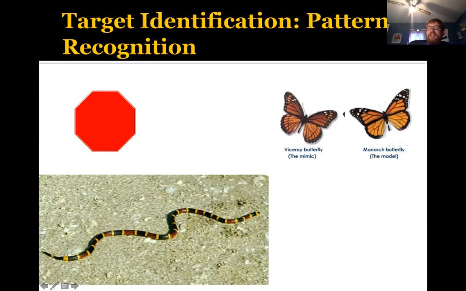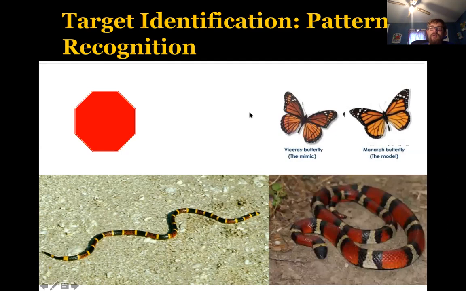And what we see, and I just want to start to bring this up, is that we have things in nature that actually mimic these patterns to kind of trick us. And so here, this is something called the Viceroy butterfly, and it actually has a similar coloration and pattern to the monarch. I wouldn't be able to tell them apart.